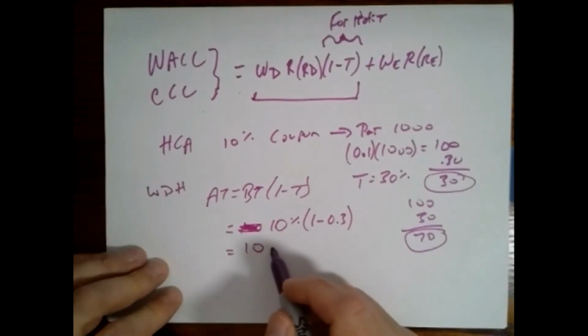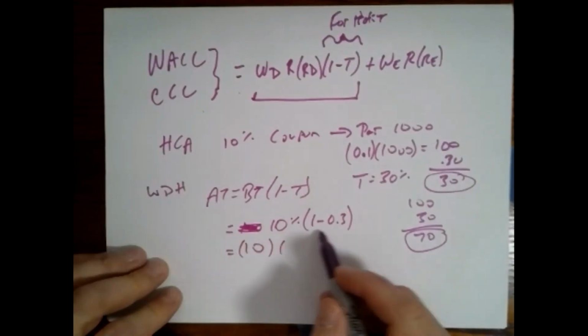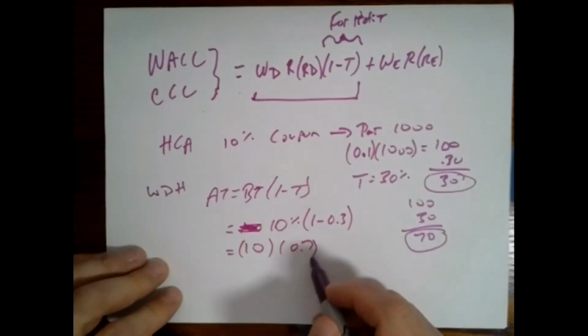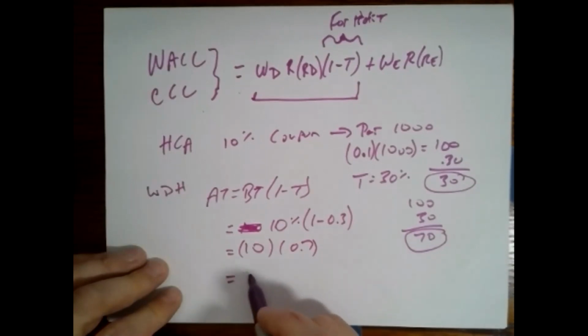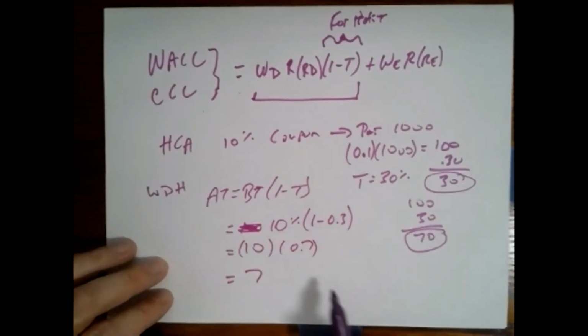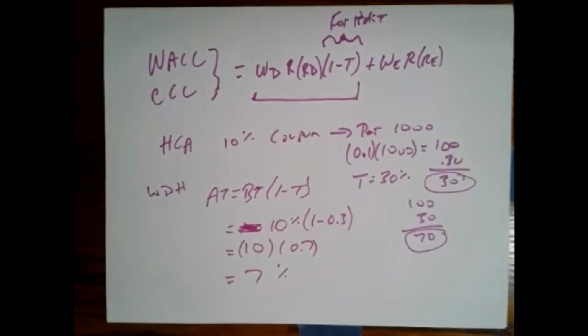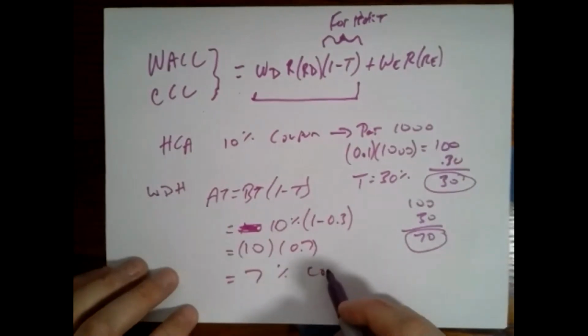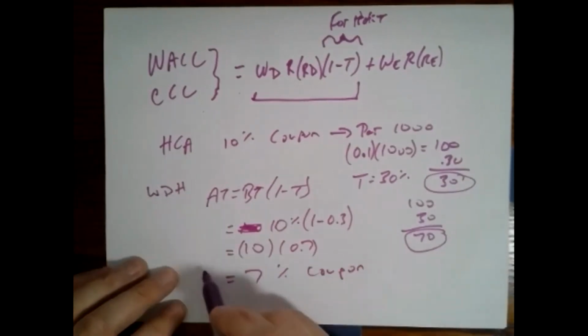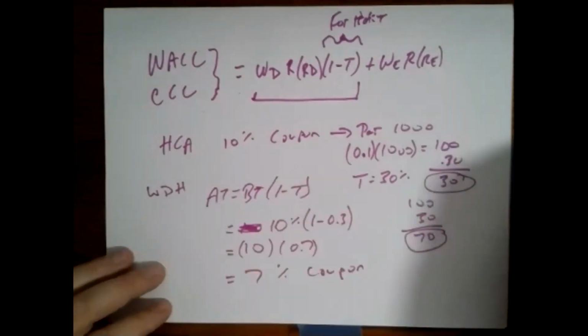You get 10 times 0.7, and 0.7 times 10 is 7. So Wentworth Douglas, in order to be equivalent to HCA, only has to offer a 7% coupon, whereas HCA has to offer a 10% coupon.